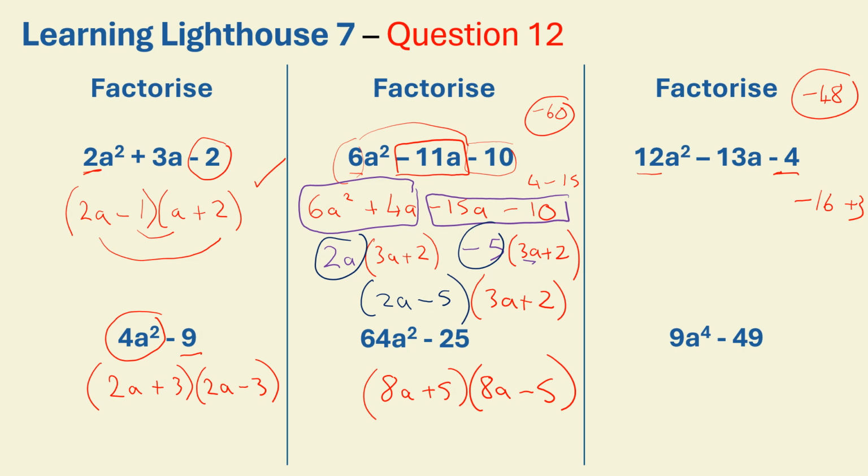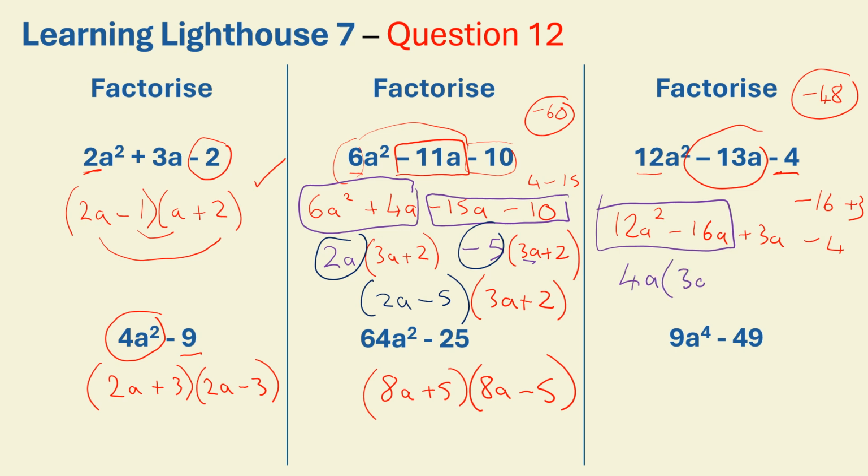So off we go. We've got 12a squared, and I'm going to go with minus 16a plus 3a minus 4. So I've split the middle. So linear factorisation of this bit. 12 and 16, 4 goes into them both, so does a.